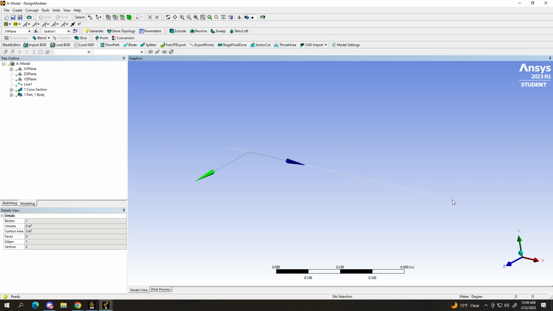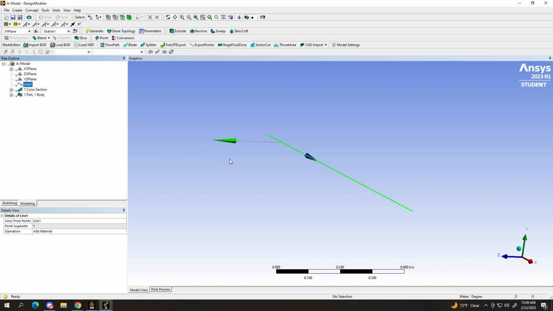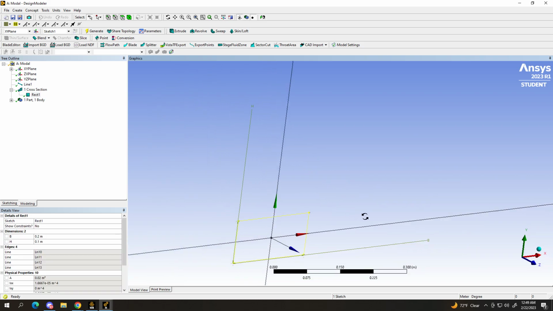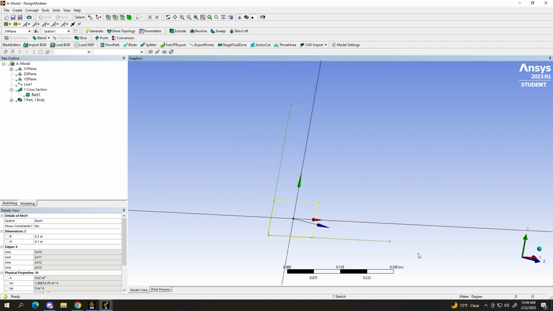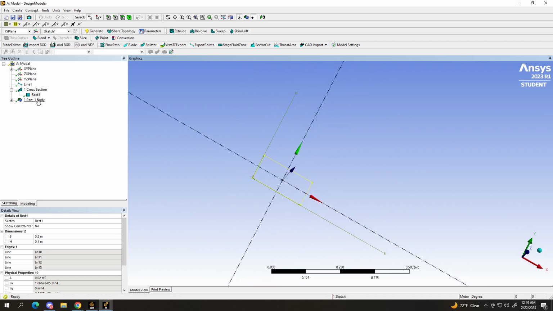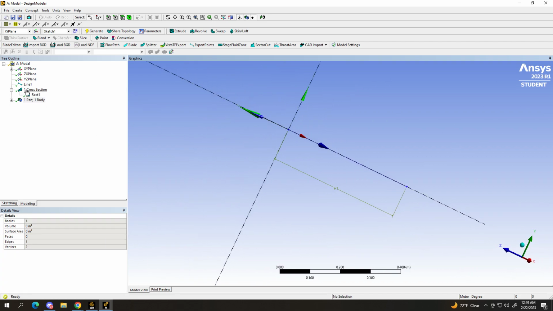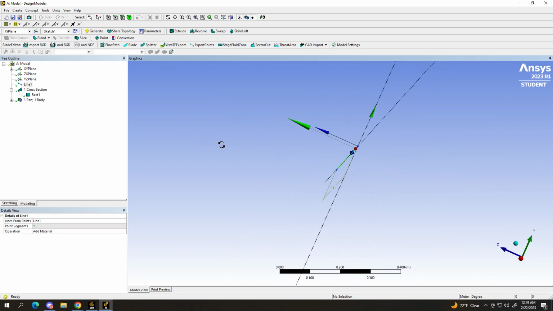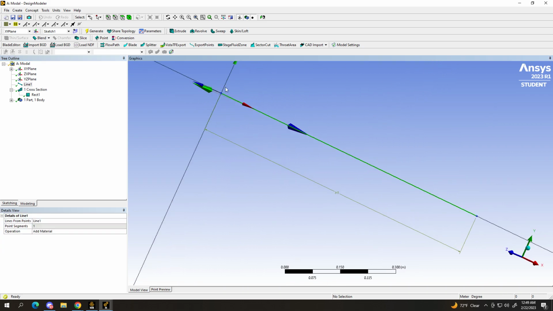So what I did here, I know you can't see anything, but this is because I went ahead and made a line, and this line has a cross section applied to it, which extrudes out from this plane and makes a solid beam from this point.